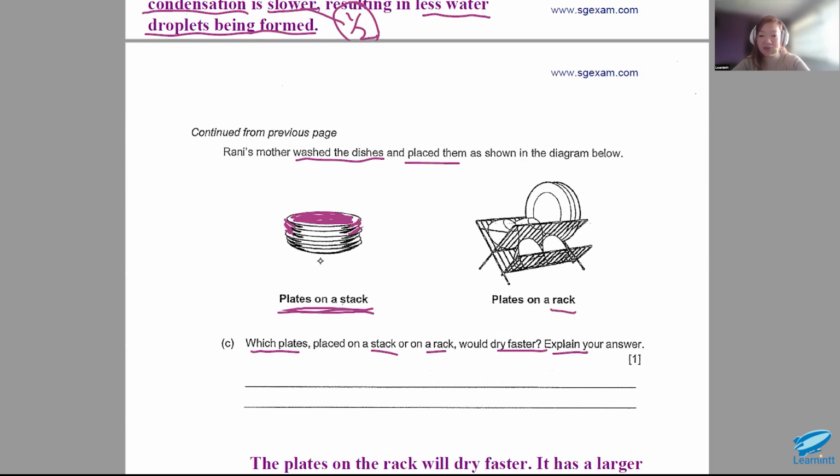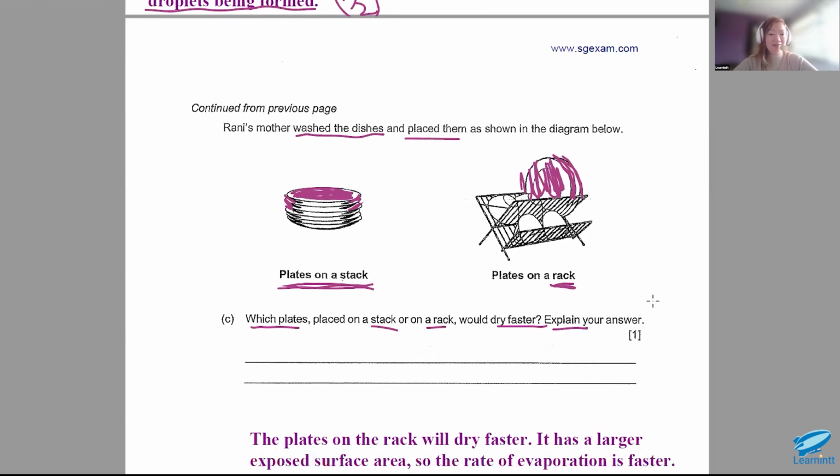Whereas for the ones on the rack, firstly, when you place it like this, the water droplets are going to go sliding down, which helps them evaporate faster. Then there is actually some space in between them. If I were to draw the space, it looks like this, and that is fully exposed here. So the amount of exposed surface area is so much more when it's placed on a rack. So of course, the rate of evaporation will be faster, and so the plates on the rack would dry faster.